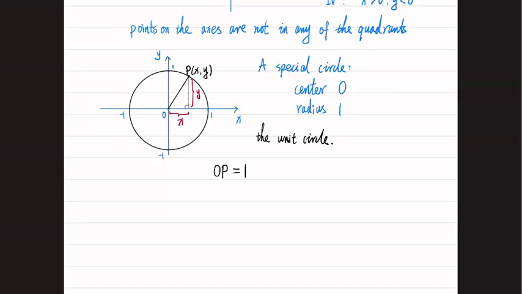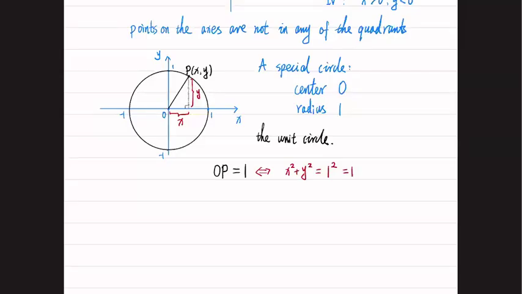Now we know x and y. What's this side in terms of x and y? That is the square root of x squared plus y squared, equals 1, because root 1 is still 1. So x squared plus y squared equals 1.